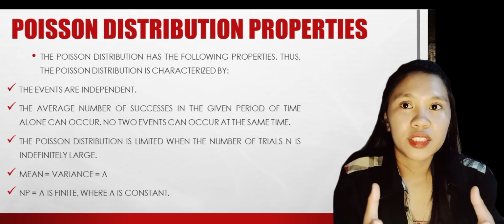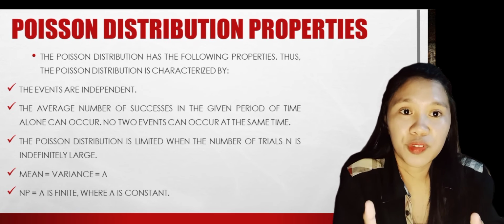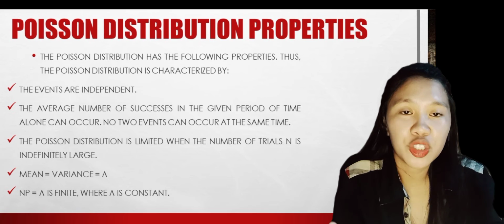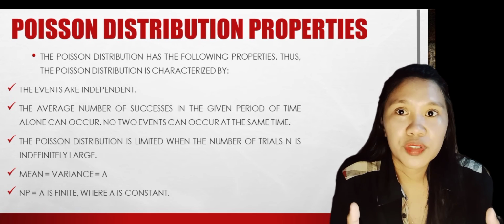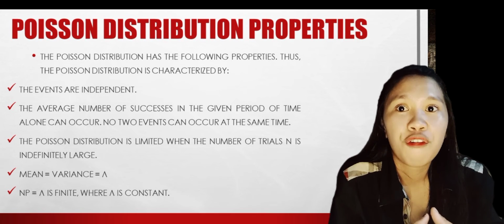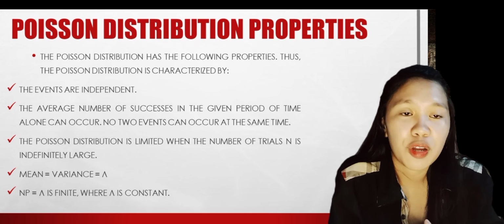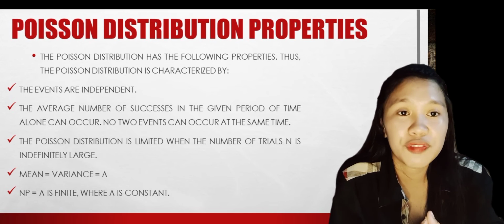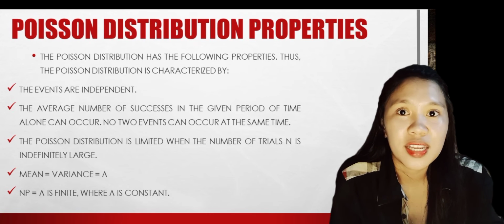Let's move on to the properties of Poisson distribution. The Poisson distribution is useful in situations when there are many unusual and independent alternative outcomes. It has the following properties. First, the events are independent. Second, the average number of successes in the given period of time can occur alone. No two events can occur at the same time.